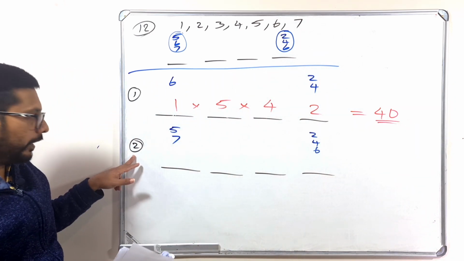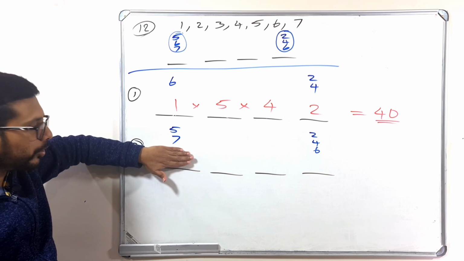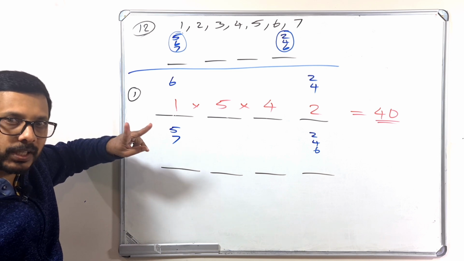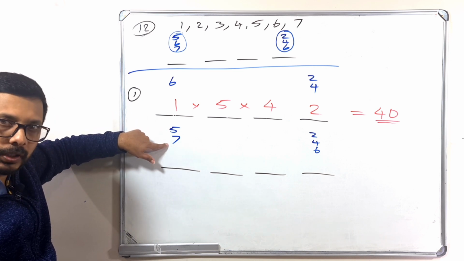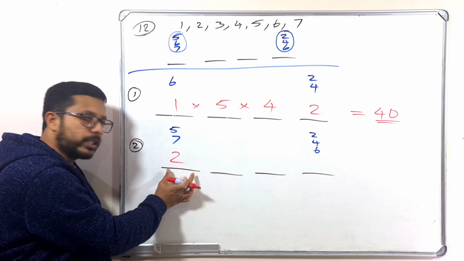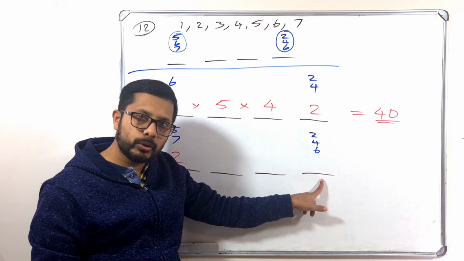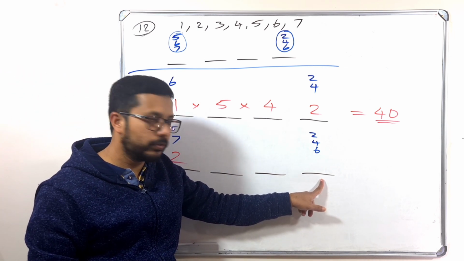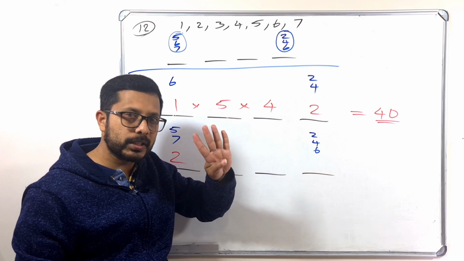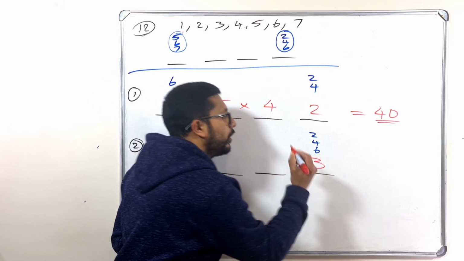Now come back to the second case. For this position to be filled, how many options I have? Yes, 2 options. Either 5 or 7. So I have 2 options for this position to be filled. Now for this position to be filled, how many options I have? 3 options. 2, 4 or 6.